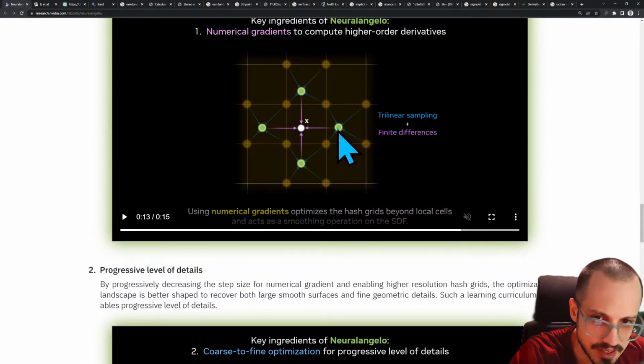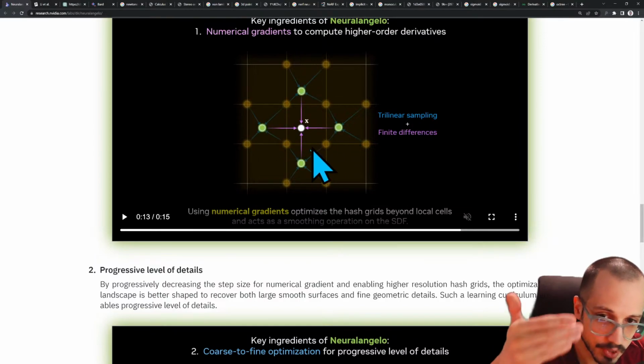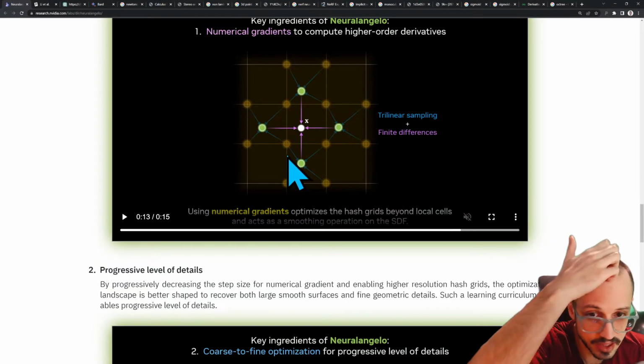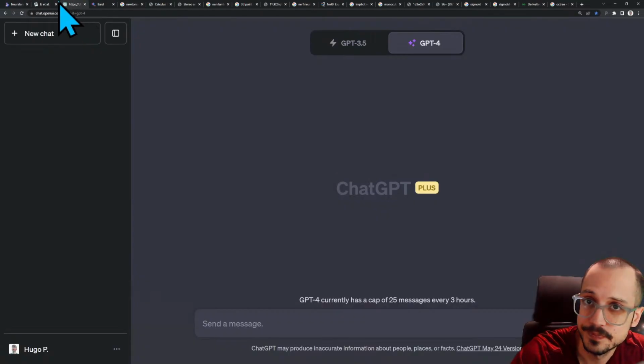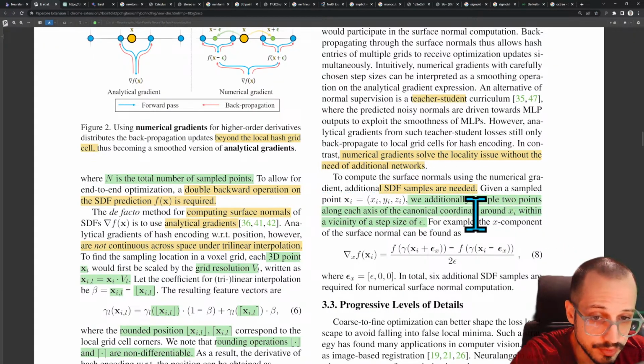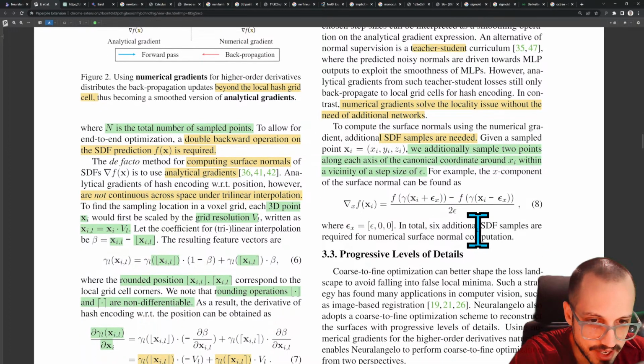So they sample 2 additional points per dimension. Obviously this is a 2D image, so they're showing you the x. They're sampling 1 in x, 1 in y, but there would also be 1 in z, right? So this is a 3D volume, so there would be a total of 6 points that they sample, 2 for each axis. For example, the x component of the surface normal can be found as this.